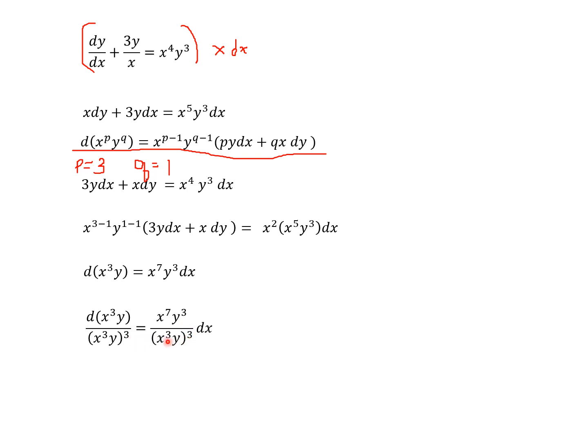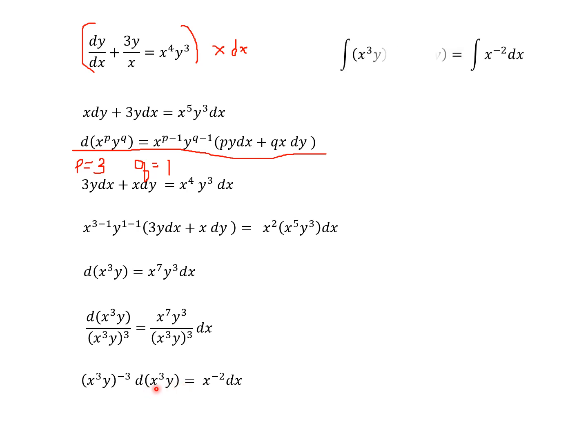Because if it's just x cubed y, there will be y squared there. Remember that y here must be eliminated. So the only possible divisor here is x cubed y cubed. Further simplifying, this is x to the 7 and x to the 9. Y cubed will cancel out, and this will give you x to the negative 2 dx, while this is x cubed y to the negative 3 derivative of x cubed y.